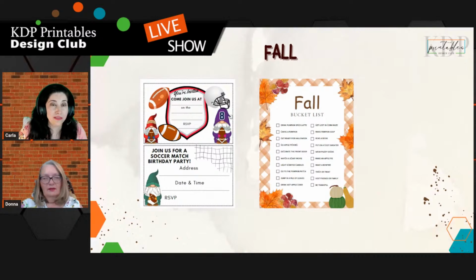Well, this one has the gnomes from the design club. So we included them, and they're about football. And if you don't have the design club, let me see if I can find it real quick.